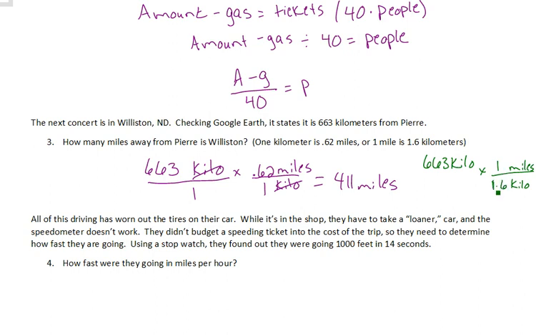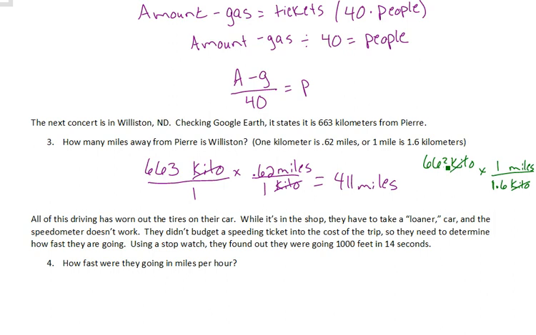And to explain what this is, since these two are equal to each other, I really didn't change this problem. Again, this actually equals the number 1, and any number times 1 is itself. So I didn't change anything. I just wrote the number 1 in a very fancy way. So here, look at this. I cross-canceled my kilometers.